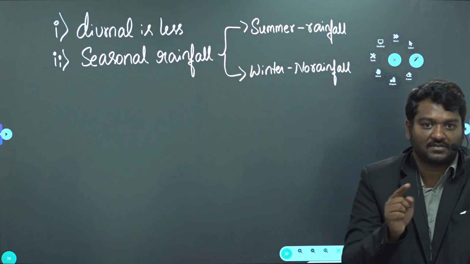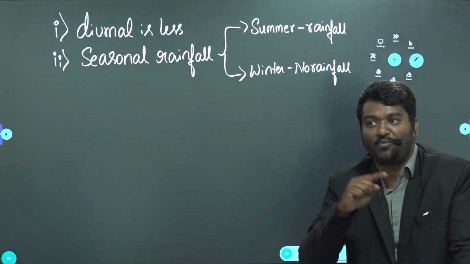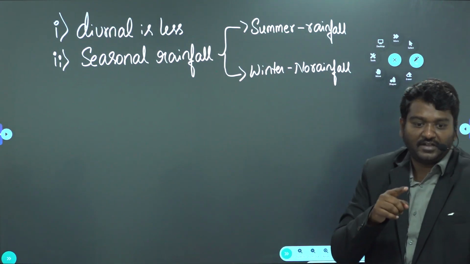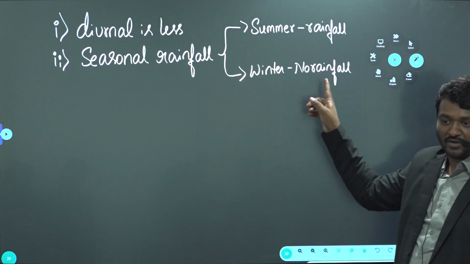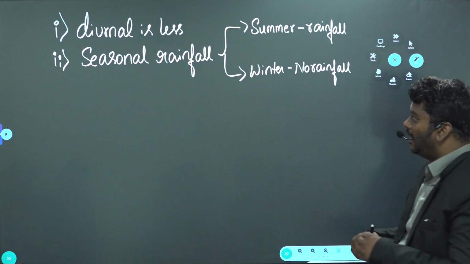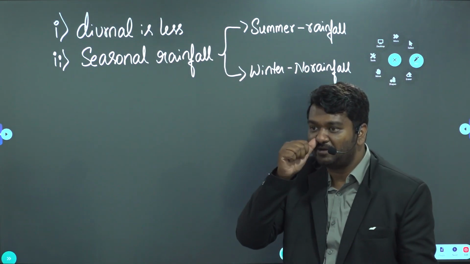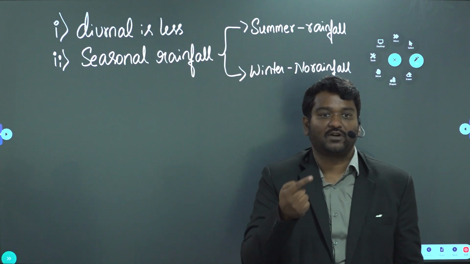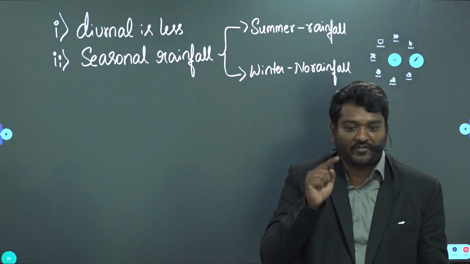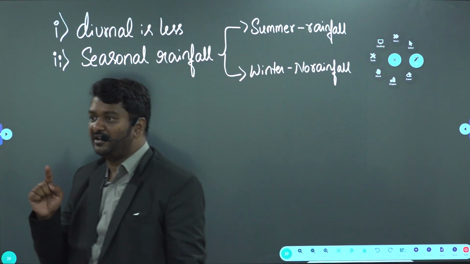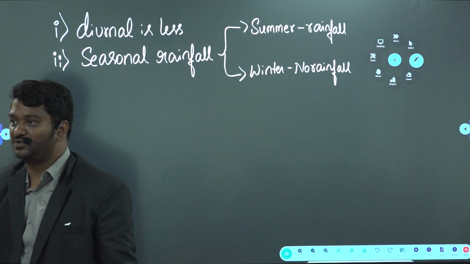Summer solstice. During summer solstice, if you have more rainfall, what is the meaning of that? Monsoon climate. Winter, if you have no rainfall, then it is called as monsoons. And in southern hemisphere, summer is December and Jan. So if rainfall is more in December and Jan, then it is southern monsoons.